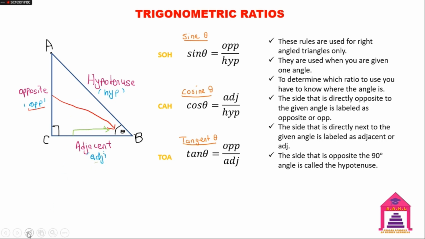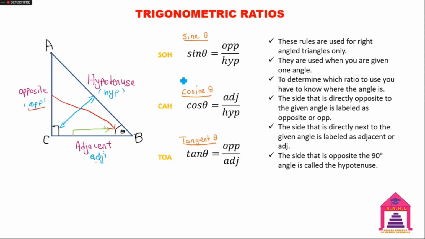And of course, we have our hypotenuse, which is always opposite our right angle of 90 degrees. So, we have sine theta is equal to opposite over hypotenuse. Cosine theta is equal to adjacent over hypotenuse. And tangent theta is equal to opposite over hypotenuse.